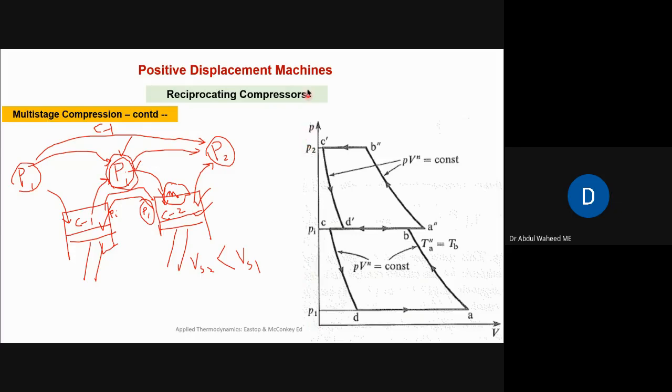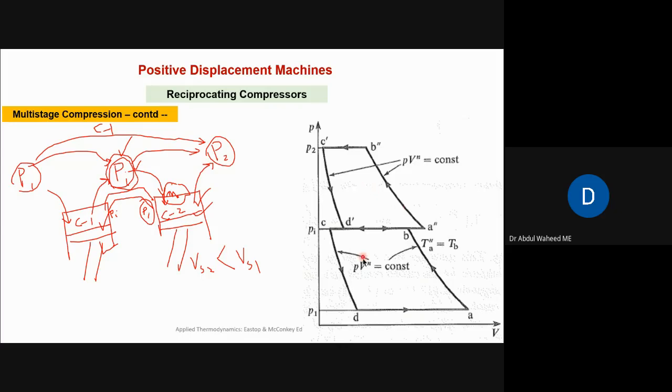If this pressure ratio is even very high, we may go for 3-stage compression. So we have to do certain calculations before designing or before manufacturing such compressors for a certain application. Okay, 2-stage or 3-stage or 4-stage or 1-stage, which one is technically and economically feasible.